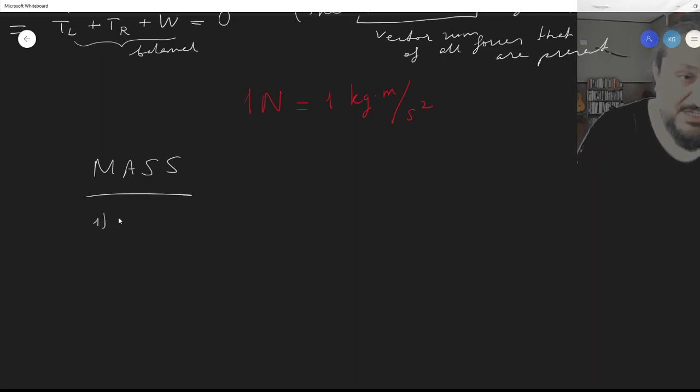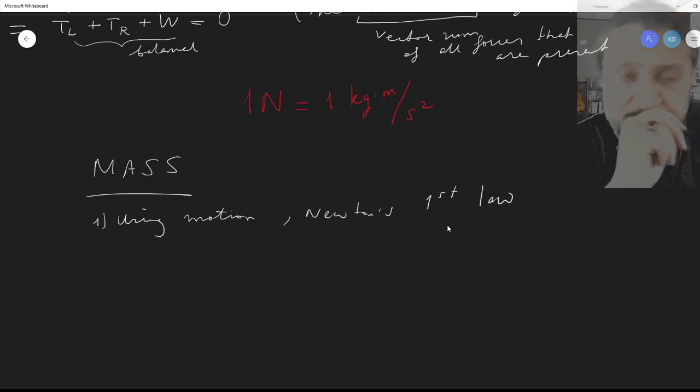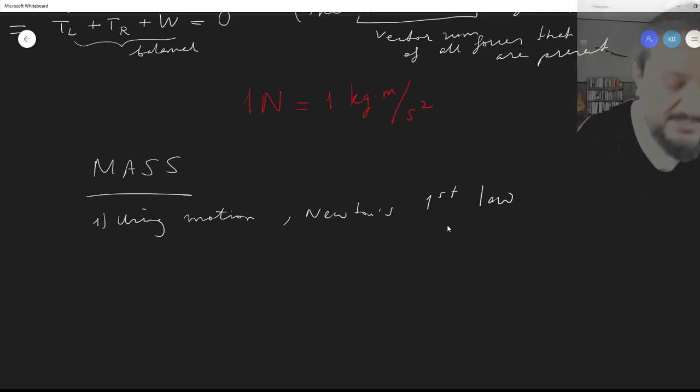One is using concepts of motion. That's where Newton's first law is used, or that's what Newton's first law explains, right? Very closely related.